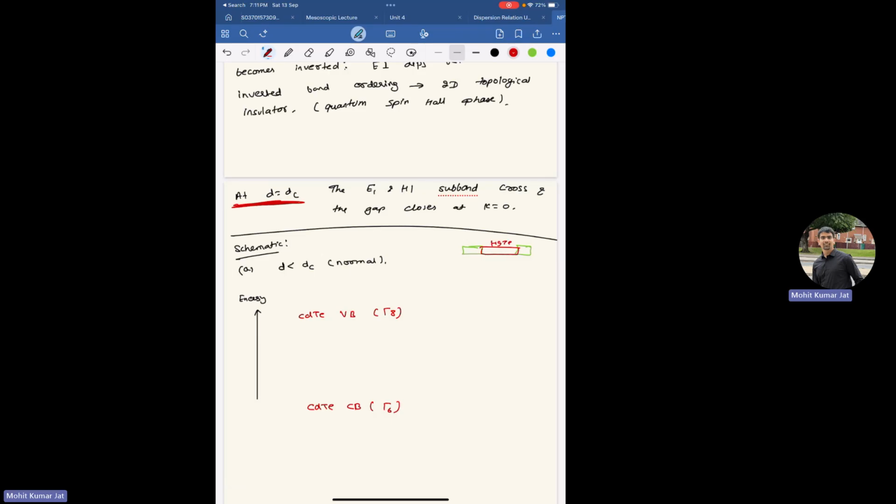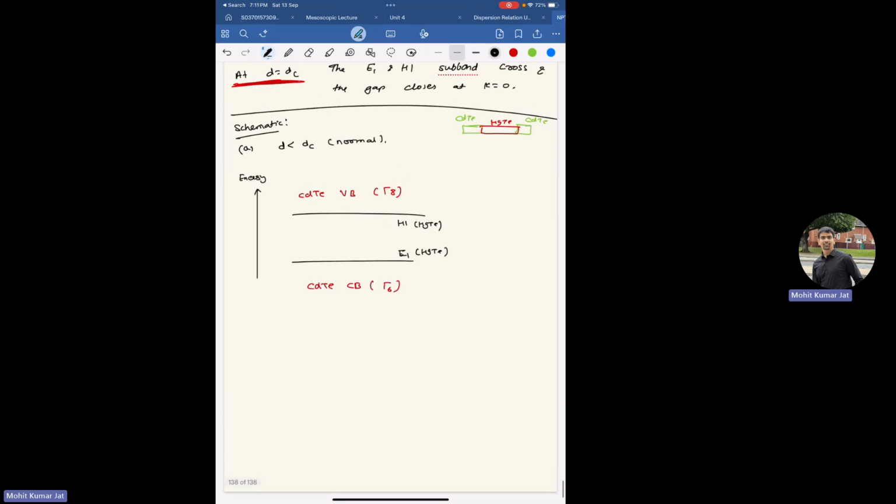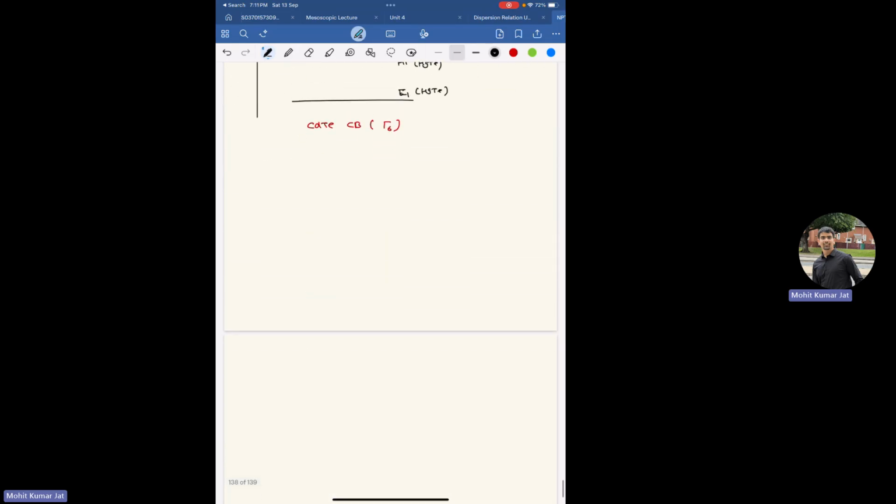This is HgTe, these two are CdTe, like this. And then in between you have your H1 of HgTe and E1 of HgTe. Right? This is for D less than DC.